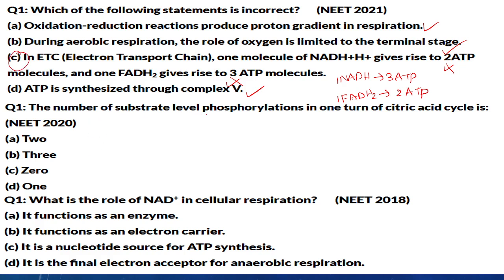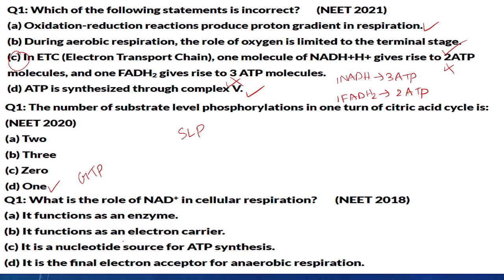The number of substrate level phosphorylations in one turn of the citric acid cycle. How many substrate level phosphorylations occur in the citric acid cycle? There is one phosphorylation, that is one formation of GTP in the citric acid cycle or Krebs cycle. Next question. What is the role of NAD plus in cellular respiration? It functions as an enzyme.